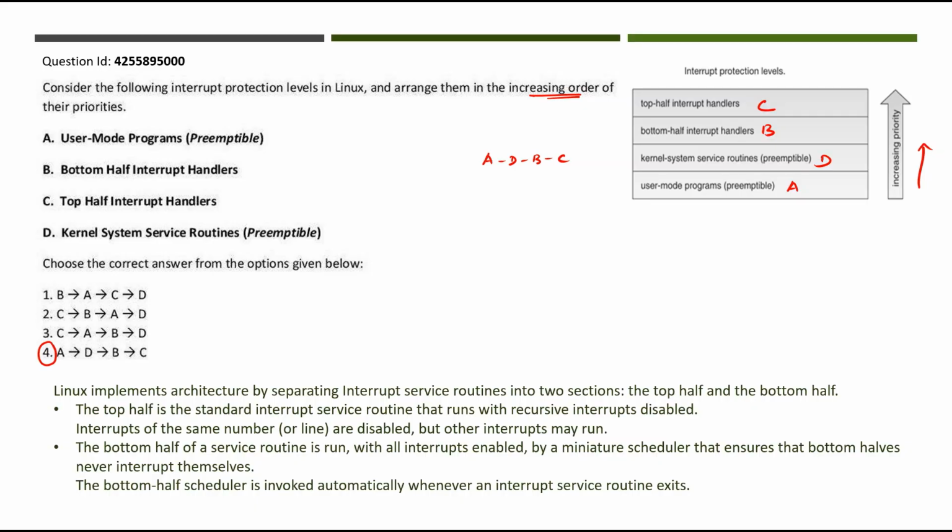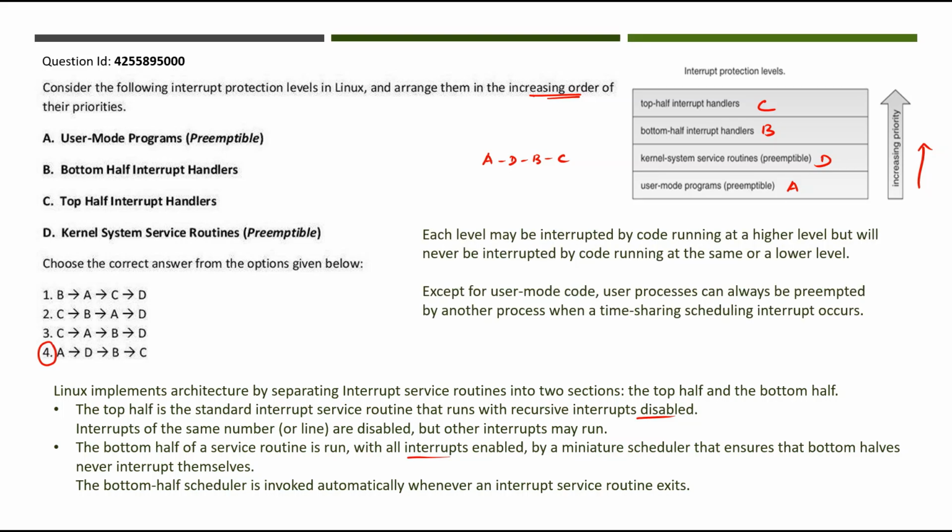The bottom half is run with all interrupts enabled by a miniature scheduler that ensures that the bottom halves never interrupt themselves. The bottom half scheduler is invoked automatically whenever an interrupt service routine exits. So top half will be running with all recursive interrupts disabled while the bottom half will have all interrupts enabled. This is one extra point that you can learn here.